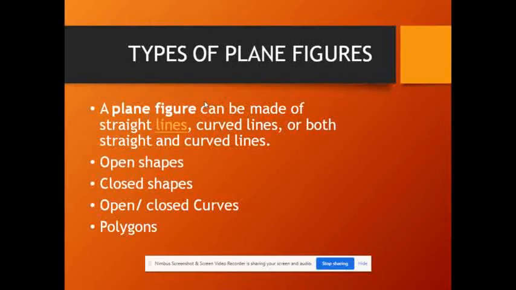Types of plane figures. A plane figure can be made of straight lines, curved lines, or both straight and curved lines. There are some plane figures like open shapes, closed shapes, open and closed curves, polygons.